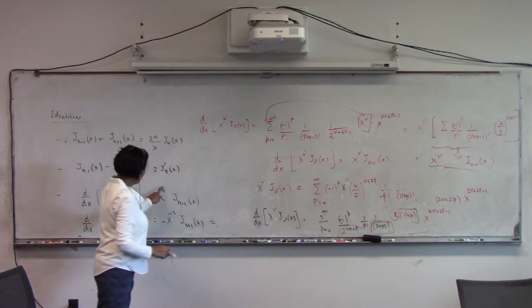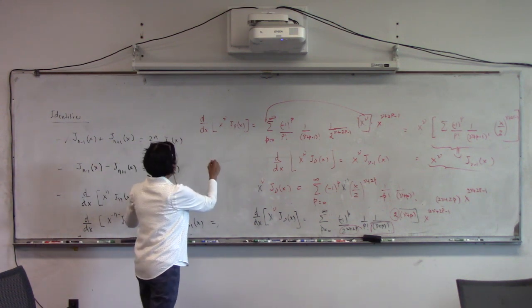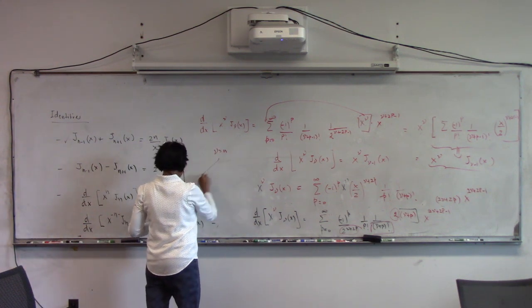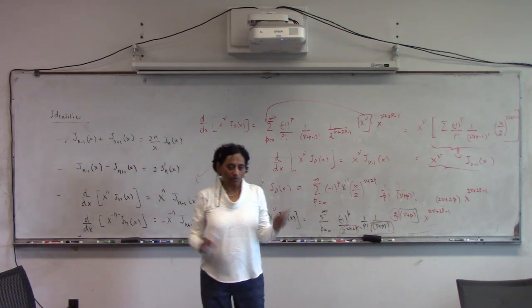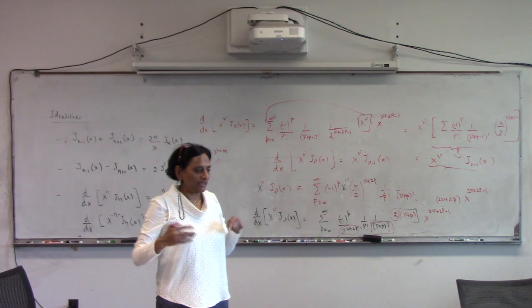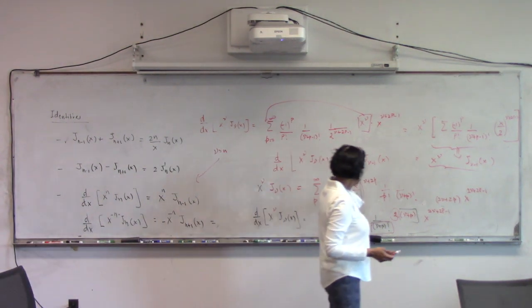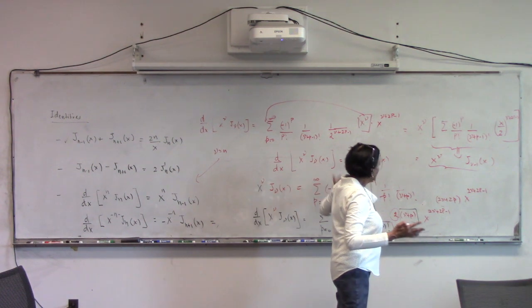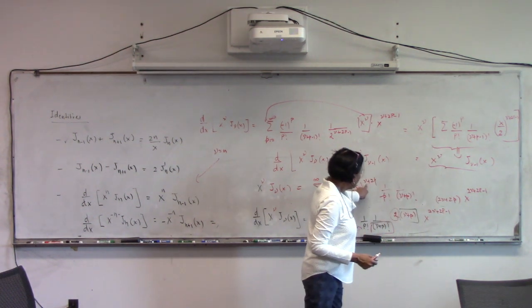So we have proved that this differential is nothing but x to the power n J of, I put nu equal to n here, right? In this case, J n minus 1 x. Is this clear what I've done? All we have to do is a simple differential of x to the power something, and that's it. And then I go back and look at the definition, and then here I had 2 nu.